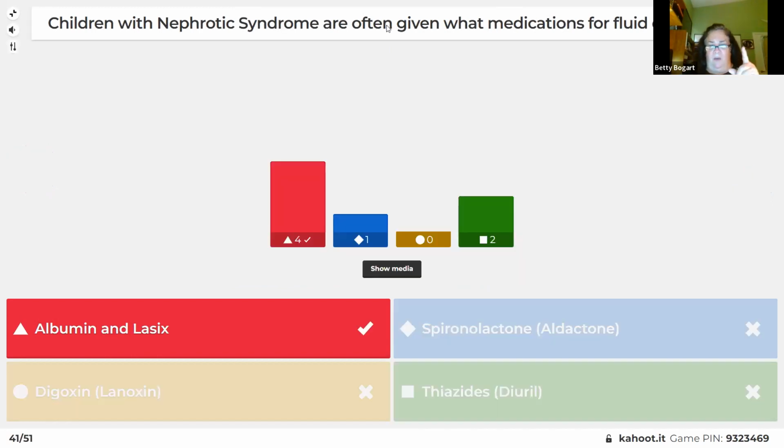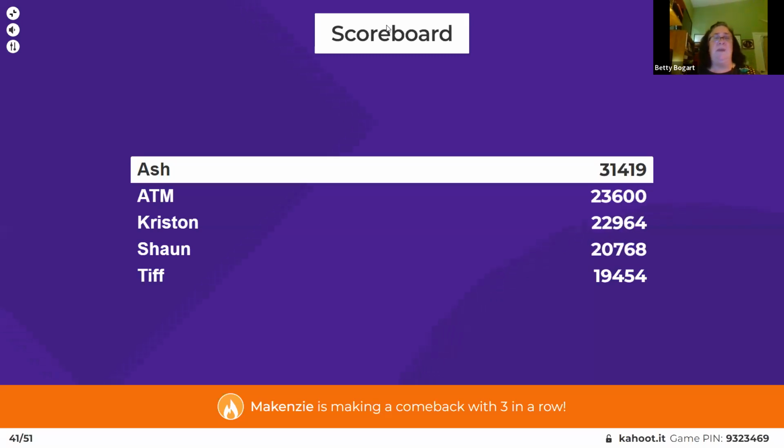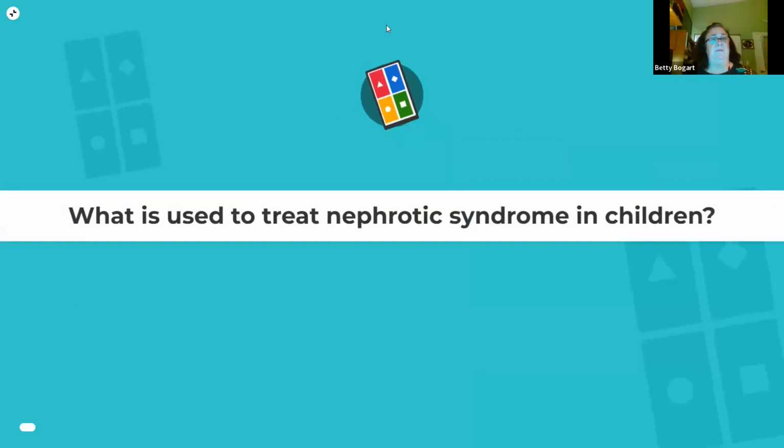So if we give albumin, which is the protein, at a higher dose, let's say 25%, it will make the fluid on the outside go, oh, we need to go over here now. And it sucks it back into the vasculature. And then we're going to give them some furosemide diuretic and we're going to get rid of it. So yes, albumin and Lasix. And you know that it works because your urinary output will increase, okay? And the swelling will disappear.